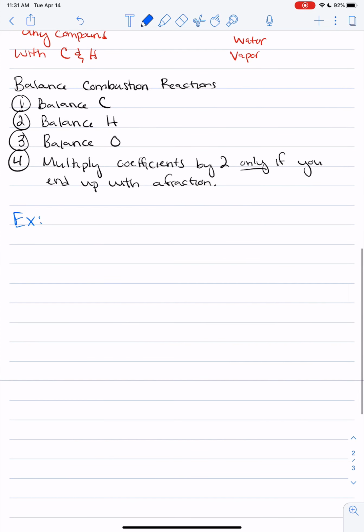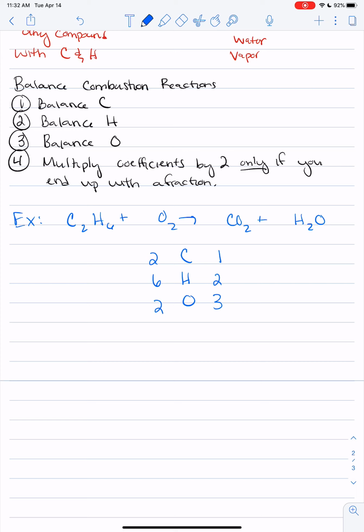Okay, so we have our hydrocarbon, C2H6, plus oxygen gives us carbon dioxide and water. Like I've done last time, I'm going to make a list of the atoms I have. So I have 2 carbons on the left, 1 on the right, 6 hydrogens on the left, 2 on the right, 2 oxygens on the left, and 2 plus 1 is 3 oxygens on the right.